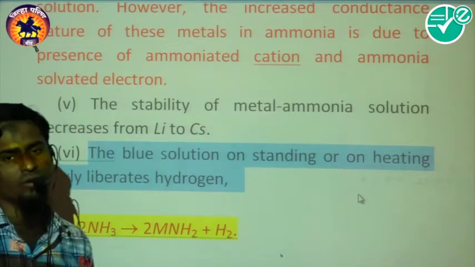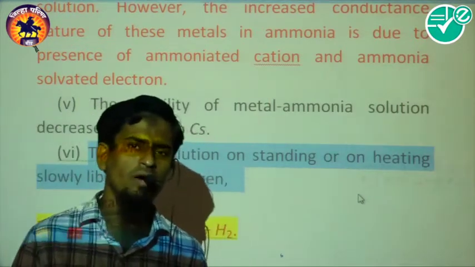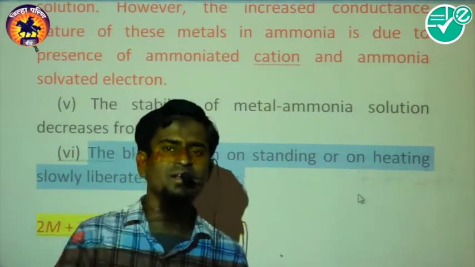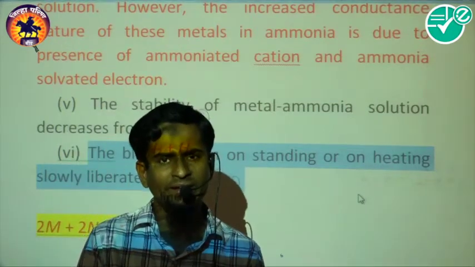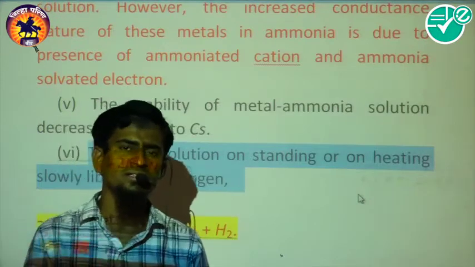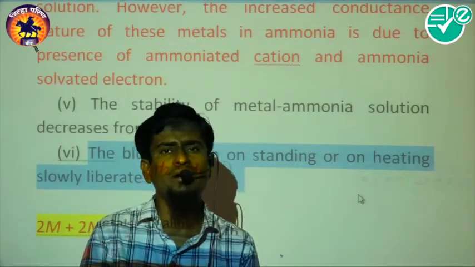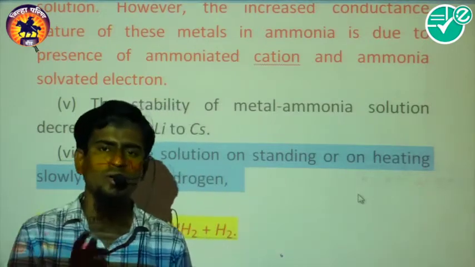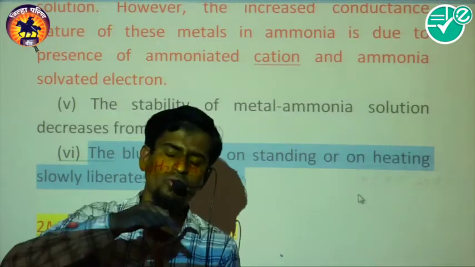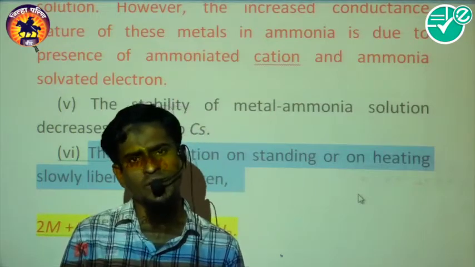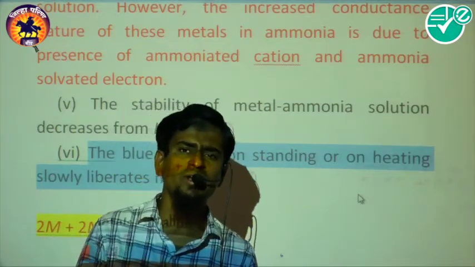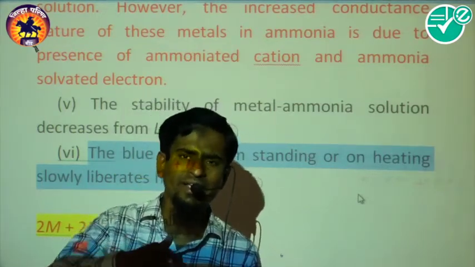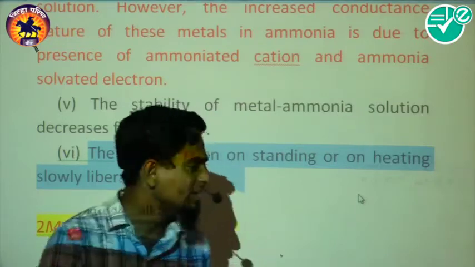So what things you have to remember? Number one, whenever alkali metals are dissolved in ammonia solution, they impart blue color to that ammonia solution because of free electrons that are surrounded by ammonia molecules. Next, because of that electron they are paramagnetic in nature. And what reaction is going on?